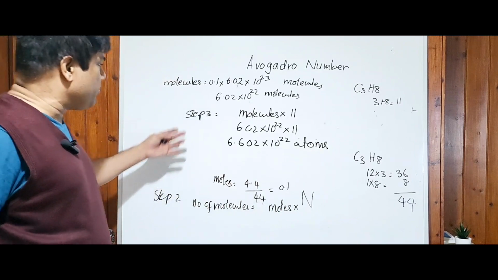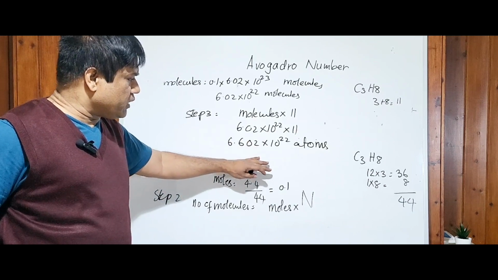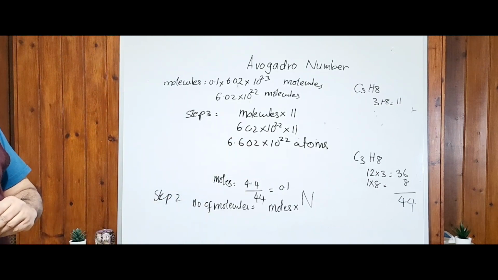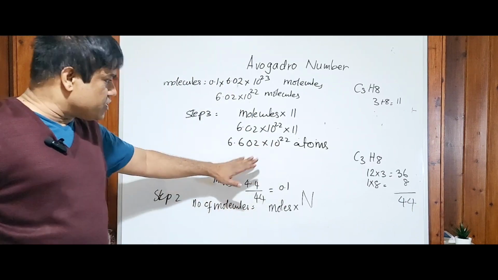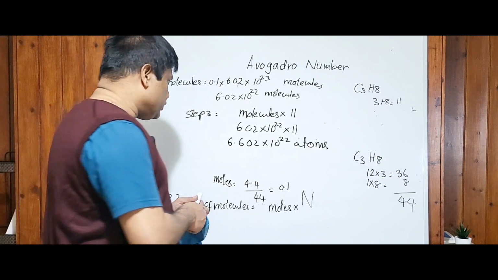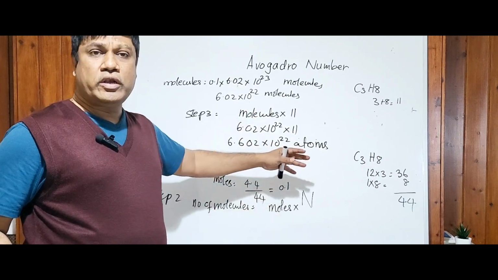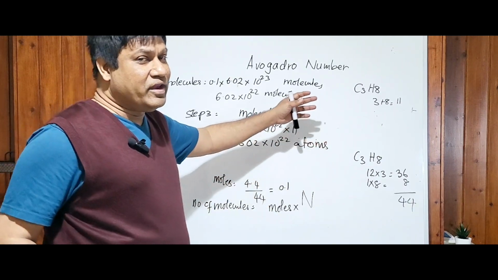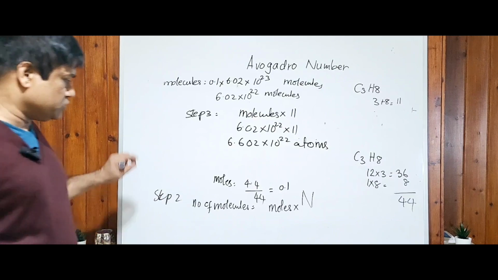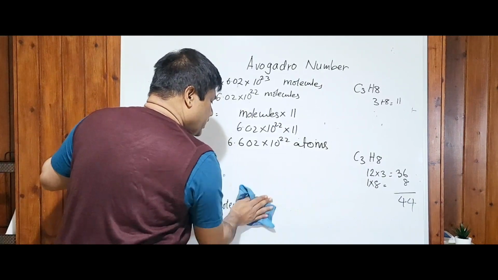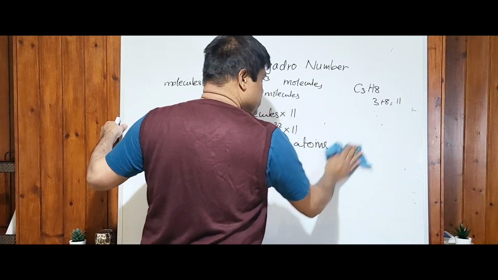Can you work out the number of atoms and number of molecules for a given compound or element? This way we can work out the number of molecules or atoms present in the given compound or element. Sometimes they will give you the number of molecules, ions or atoms, and you have to work out the number of moles, which is a slightly twisted form of asking the question.